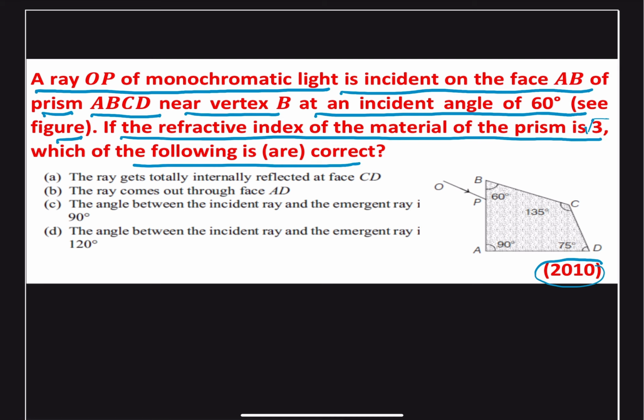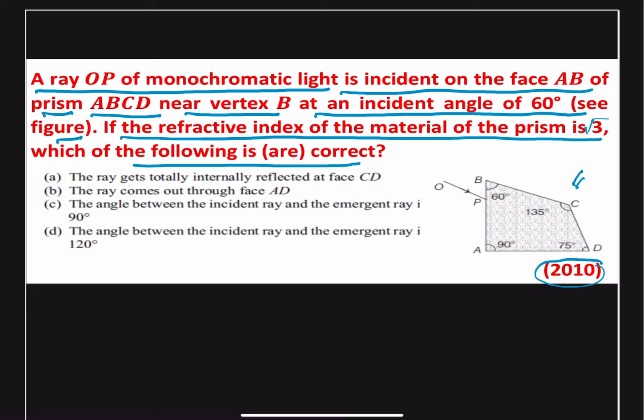So we are given a prism which is just like an irregular prism, and we are given the respective angles, and the incident ray is on the AB at an angle of 60 degree with the normal. So we can just draw the figure later on.